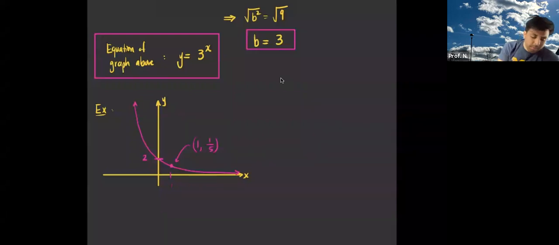So this is a point that I got, and this is my y-intercept. So my y-intercept is 0 comma 2. And what am I trying to look for? I'm trying to look for the equation of the graph.